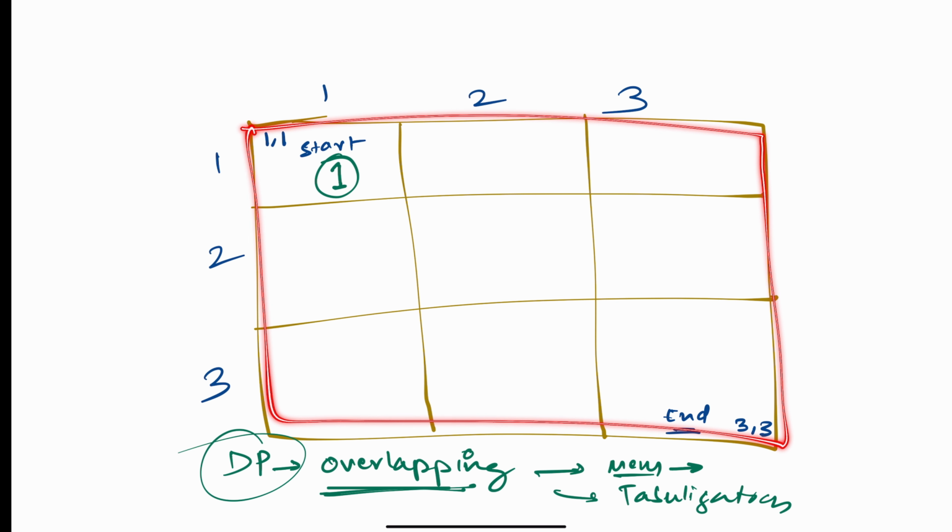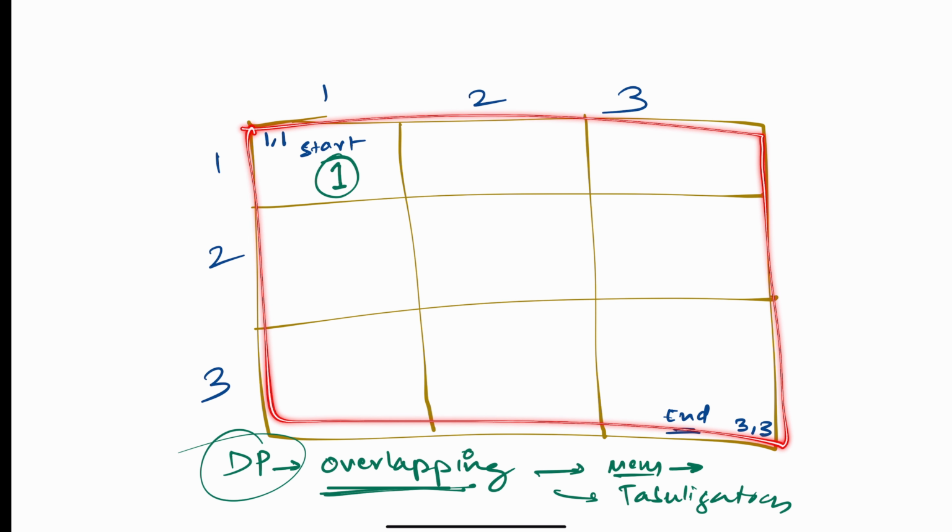The meaning of progressive solution is smaller solution becomes a bigger solution. This bigger solution becomes part of my final solution. This is called the progressive solution. So three key concepts are overlapping problem statements, starting from the smallest, and the tabulations.